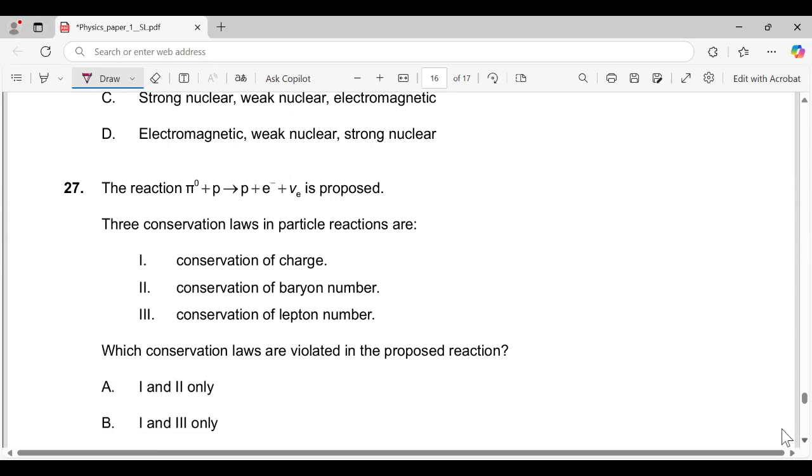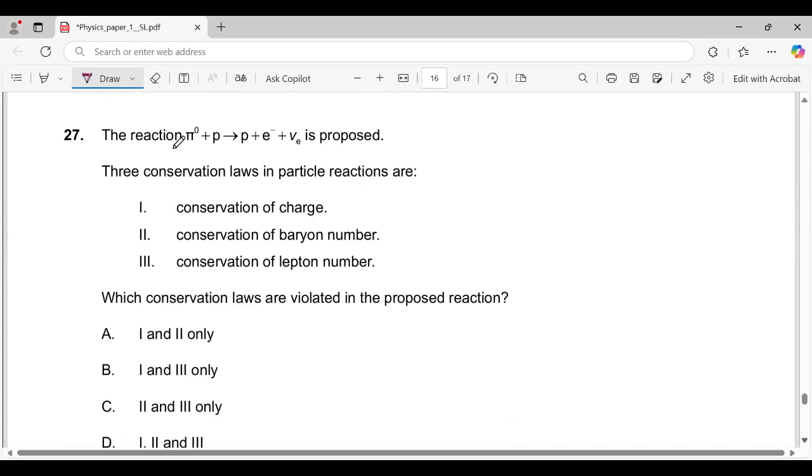27. This reaction is proposed. Three conservation laws in particle reactions are conservation of charge, conservation of baryon number, and conservation of lepton number. We are going to check one by one. For conservation of charge, this is the left hand side and this is the right hand side.